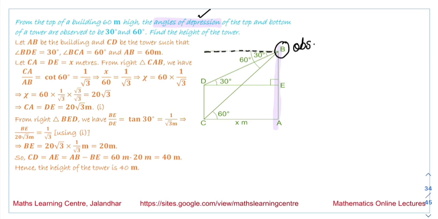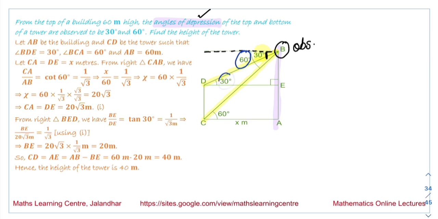We are talking about the angle of depression of another building. It means the other building is of lesser height than this first building. So the angle of depression to the top of this building is 30 degree, and the angle of depression to the base of this building is 60 degree.